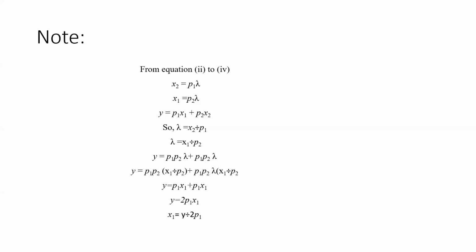If we substitute these values of x1 and x2 in the y equation, we get y = p1 p2 lambda + p1 p2 lambda. After that, if we substitute the value of lambda in this equation, we get y = p1 p2 by x1 by p2, and so on. Here is a typing mistake: lambda is not included.